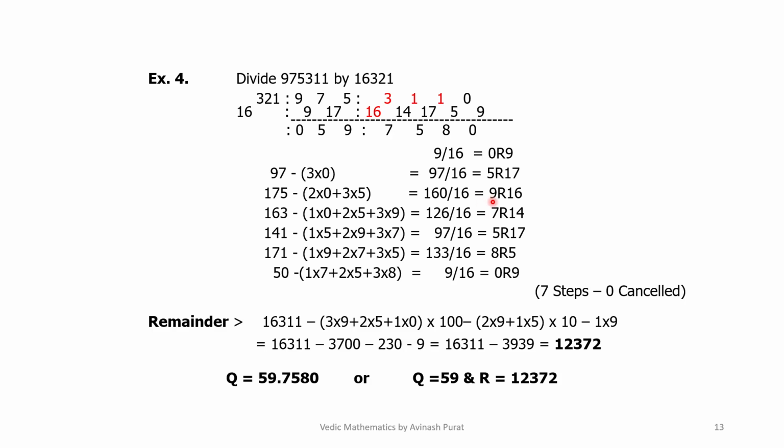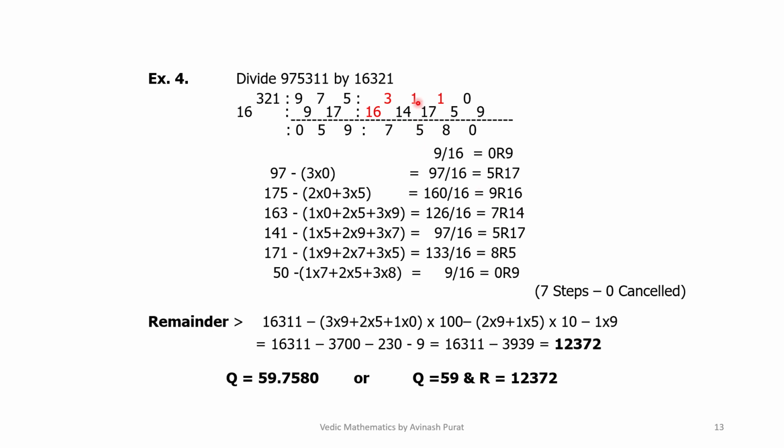We take here 9 and remainder 16. So 163 minus 1 into 0 plus 2 into 5 plus 3 into 9 equal to 126, divided by 16 equal to 7 and remainder 14.